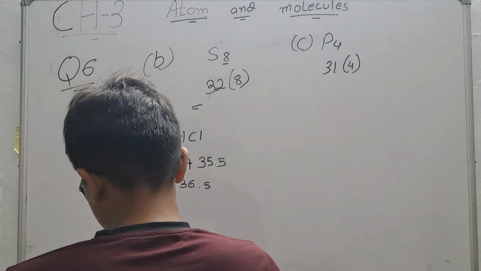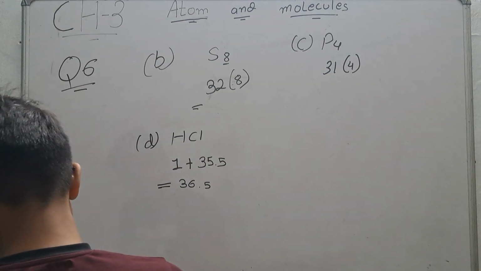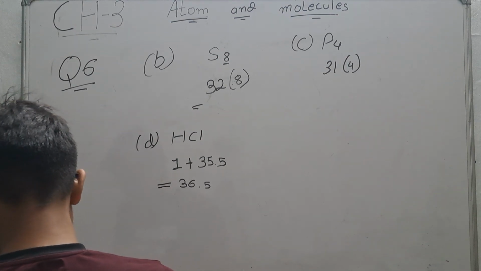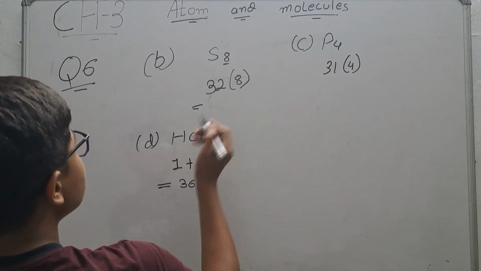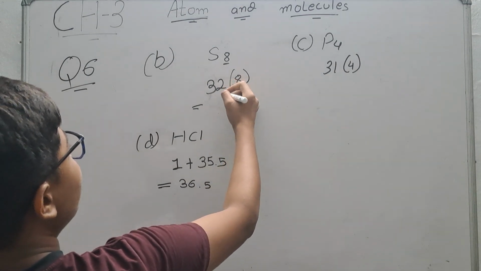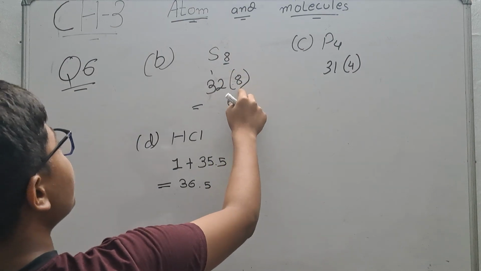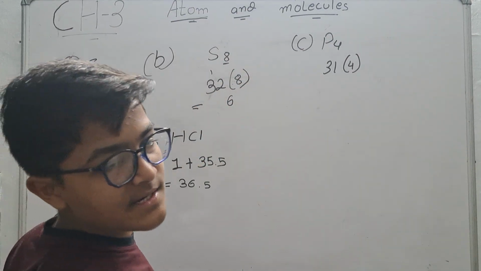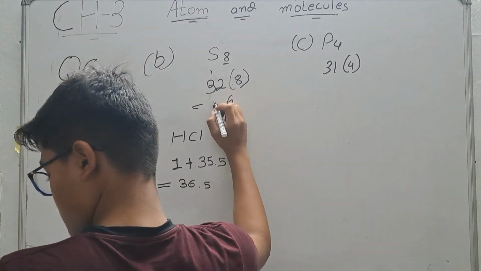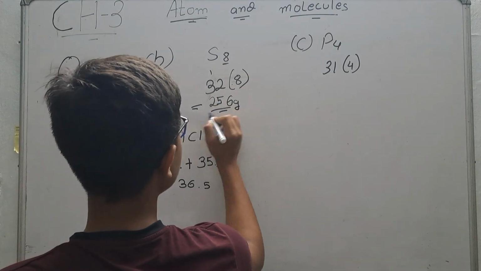Now are any of them easy or hard? Let me see first of all, then we do the answers. Okay, so remaining all are easy. So let's do it. When you multiply 32 into 8, 8 2s are 16, 1 carry forward. 8 3s are 24, 25. 256 gram.